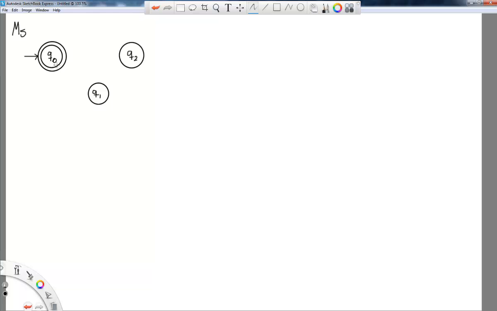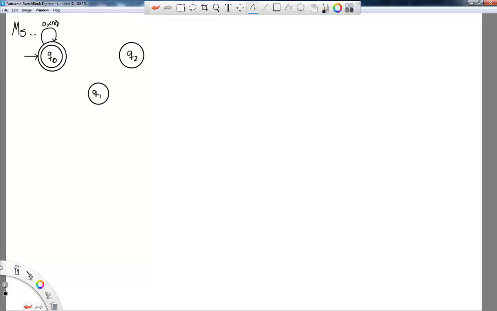So in Q sub 0, I stay in Q sub 0 if I encounter the symbol 0 or the symbol reset. I call it reset with the braces on each side of it, and that would represent a reset.